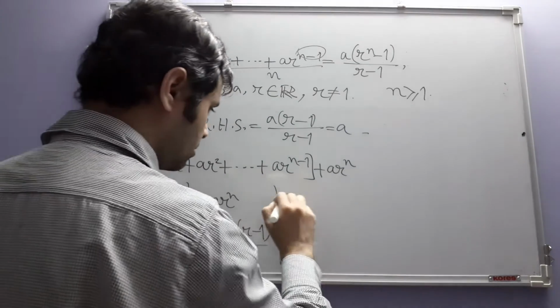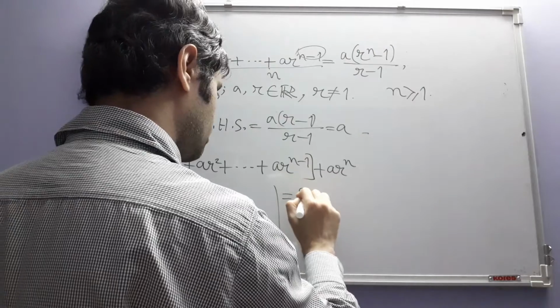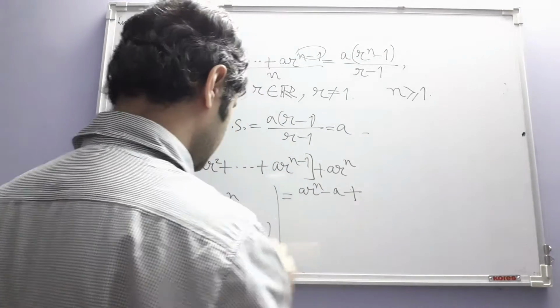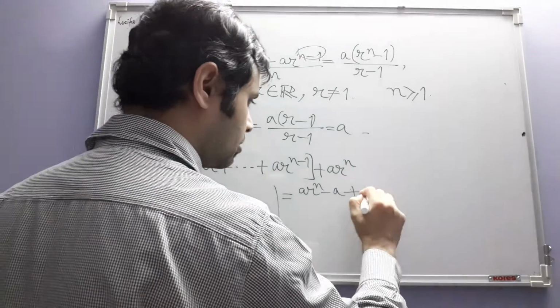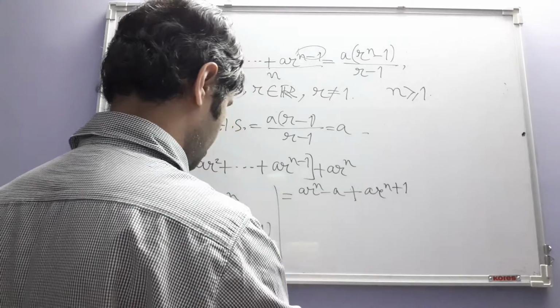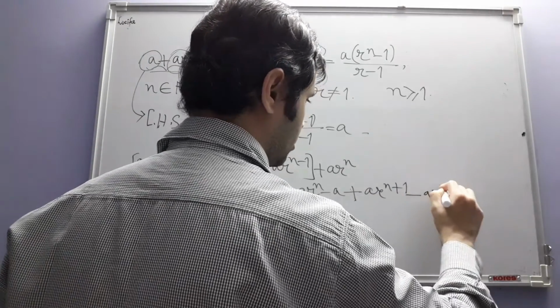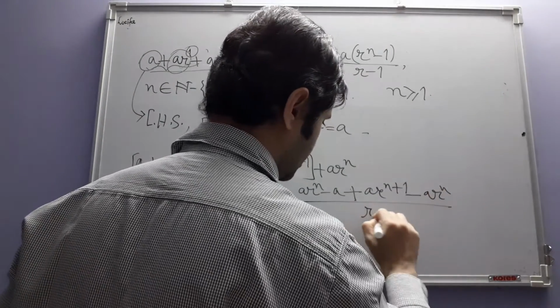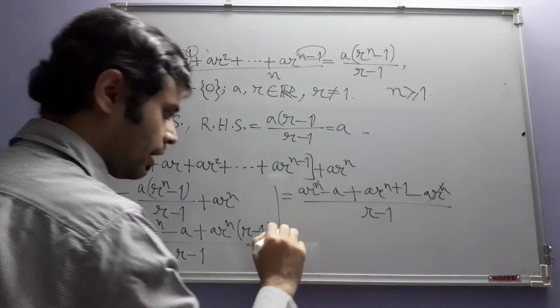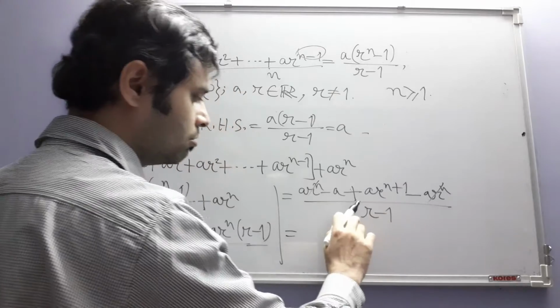So this is equal to a r to the power n minus a plus, if we multiply out, a r to the power n plus 1 minus a r to the power n, divided by r minus 1. So these two terms cancel out, and we are left with these two.